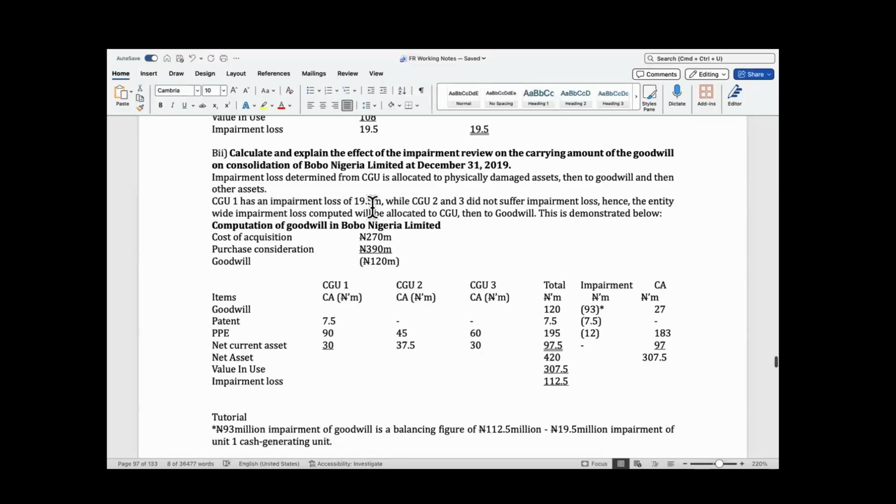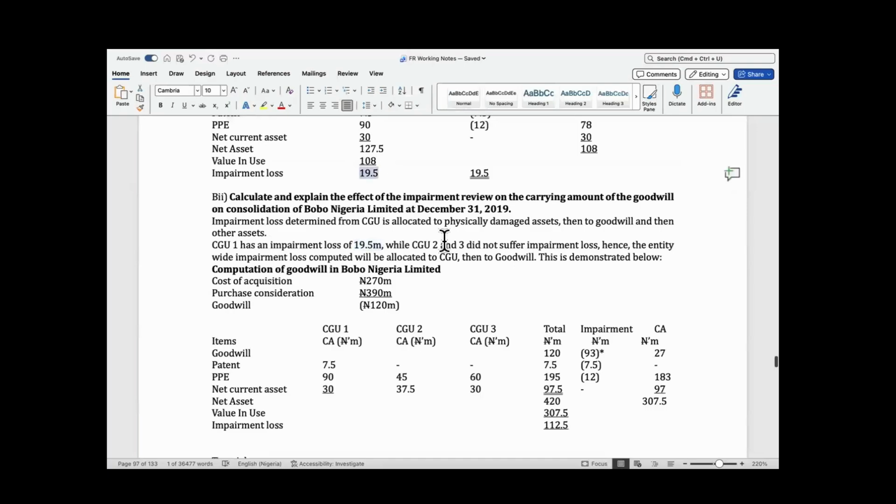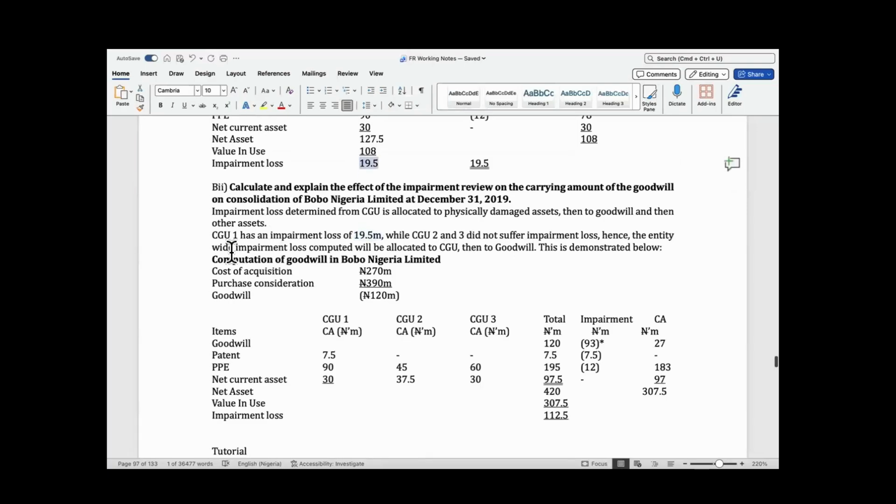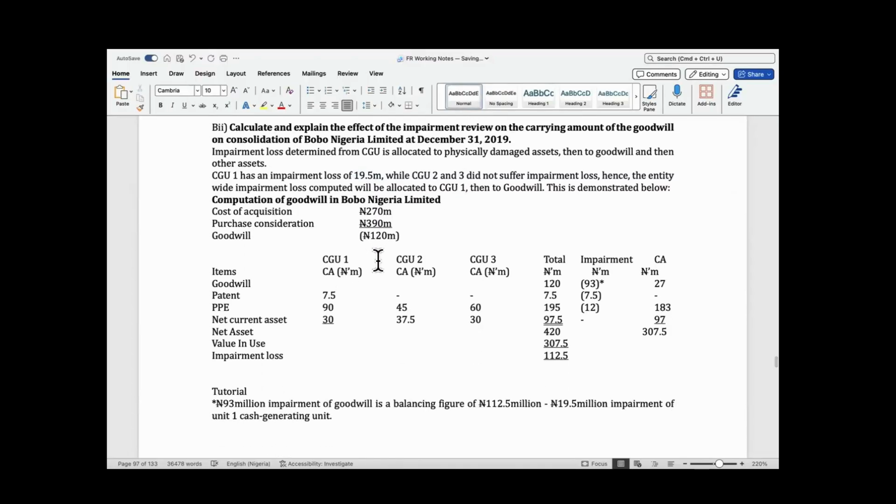I said CGU1 has an impairment loss of 19.5, while CGU2 did not suffer impairment loss, hence the entity-wide impairment loss computed is to be allocated to CGU1, then to goodwill, and this is demonstrated below. Firstly, I determined the goodwill amount, which is cost of acquisition minus the purchase consideration, as given in the question of Bobo.